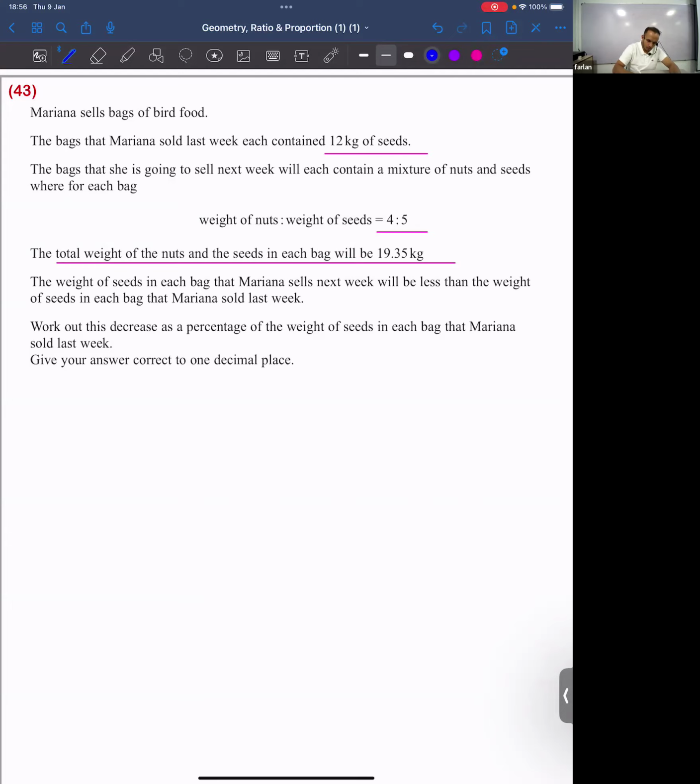Guys, now the amount of seeds that she is selling this week in each bag will be 19.35 into 5/9. Do you agree with me? Yes or no? 19.35 kilograms is each bag, and the nuts to seeds ratio is 4:5. 4 portions of nuts, 5 portions of seeds will be there in that bag.